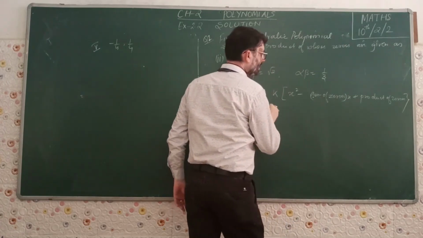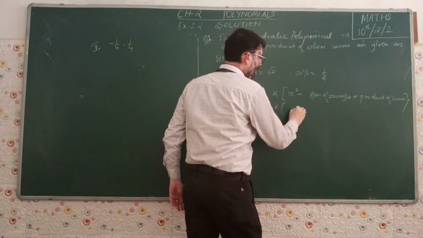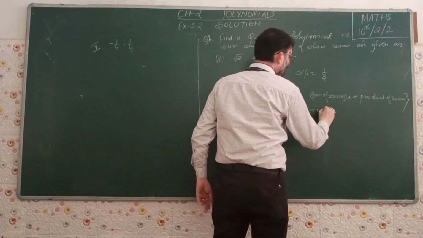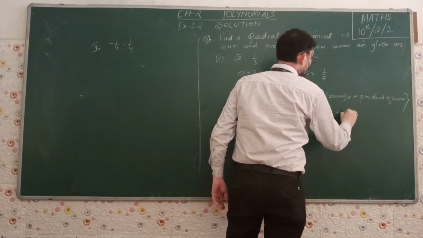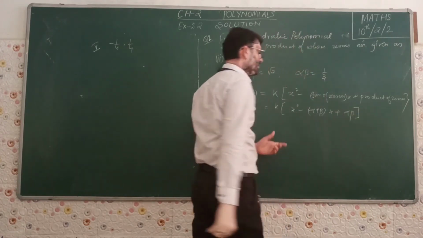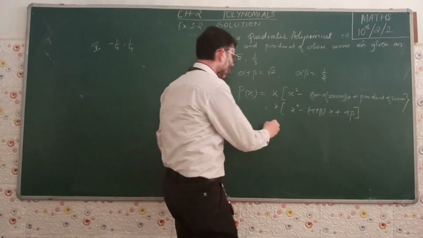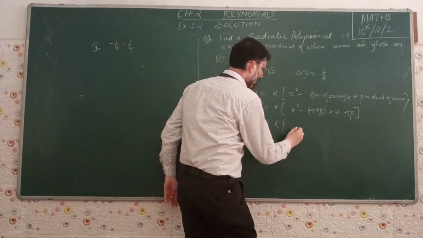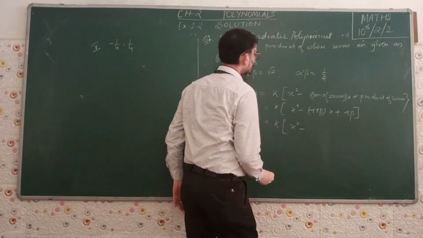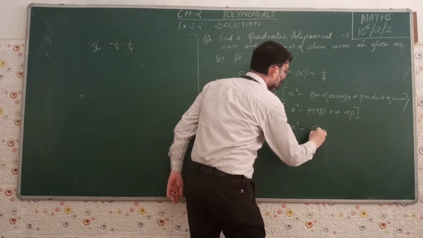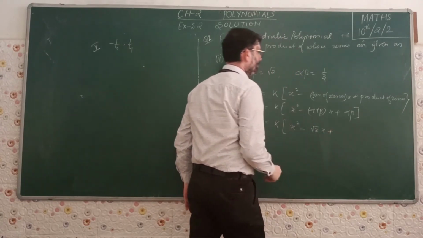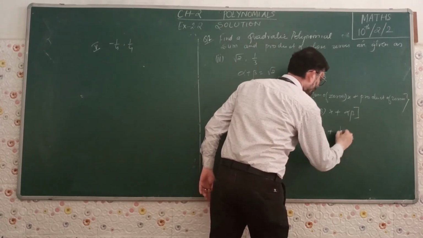Or this can be written as k into x square minus alpha plus beta into x plus alpha into beta. We just need to substitute the values of sum of zeros and the product of zeros and solve it. This is k into x square minus alpha plus beta, we had root 2 x, plus alpha into beta is 1 upon 3.